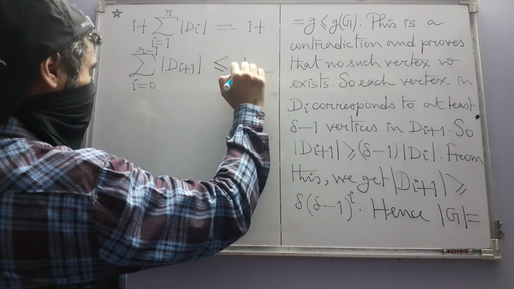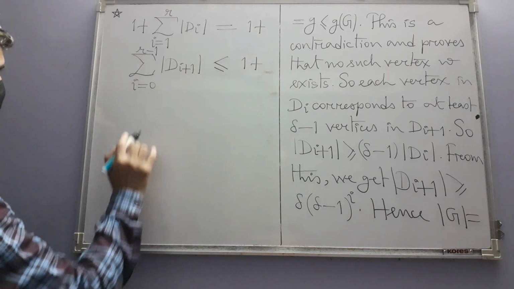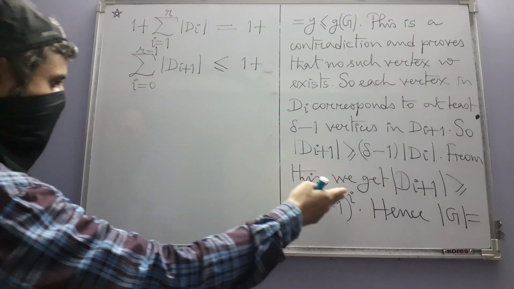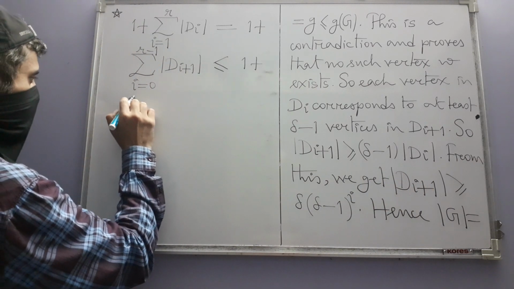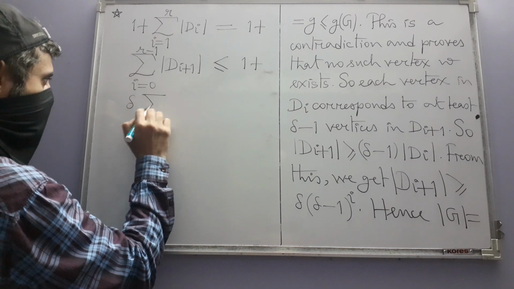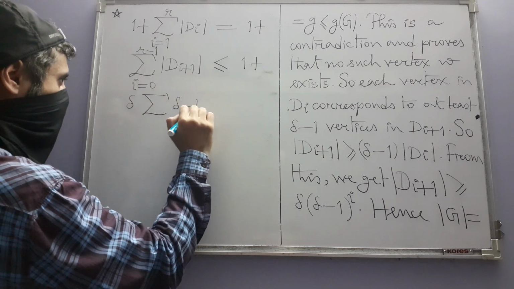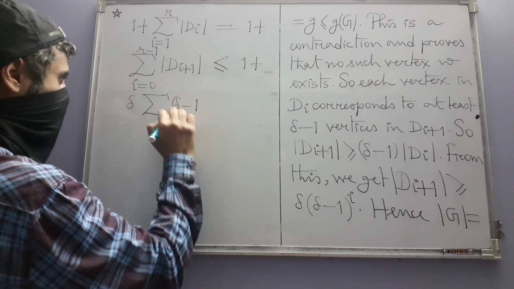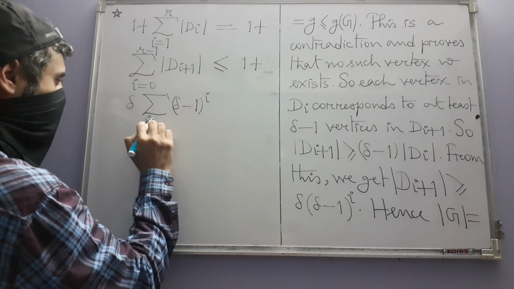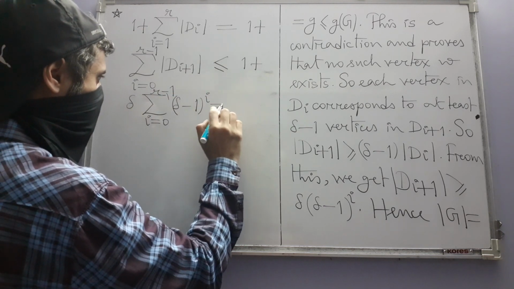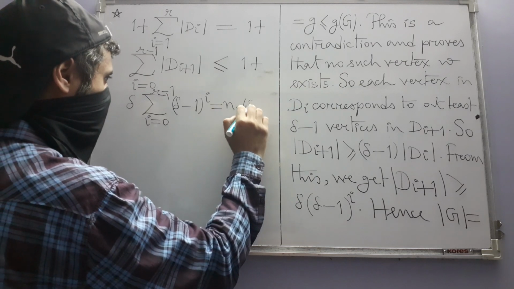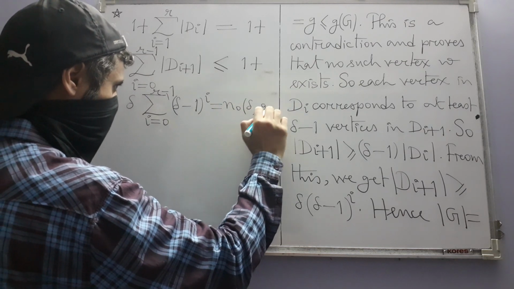And now this is less than or equal to 1 plus, so you use this inequality, delta can be taken common out, and this is nothing but this.